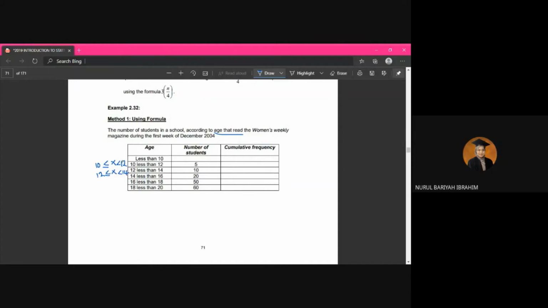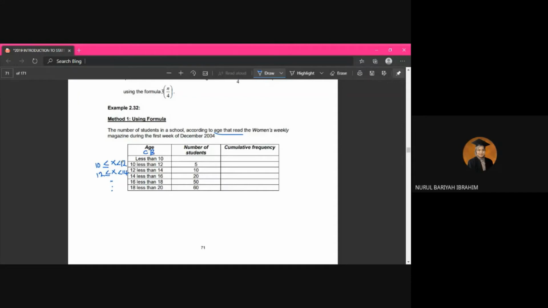So this is what the age data actually looks like. And then we create the upper boundaries and lower boundaries, these are the class boundaries. It seems that this data contains overlapping values, 10 to 12, 12 to 14 and so on.